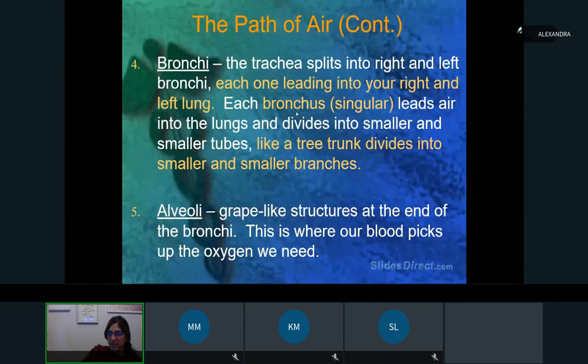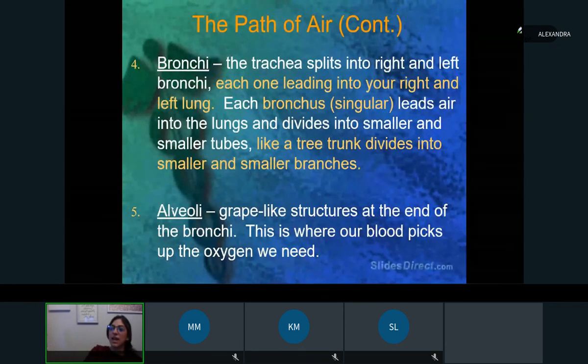Each bronchus, which is the singular of bronchi, leads air into the lungs and divides into smaller and smaller tubes, like a tree trunk divides into smaller and smaller branches. So it goes from bigger to smaller, right? It goes from one trachea into the bronchi, which is a bit smaller, and then into the bronchioles, which are even smaller.